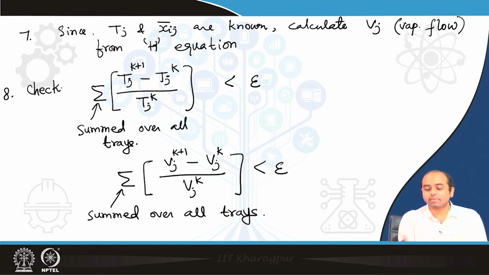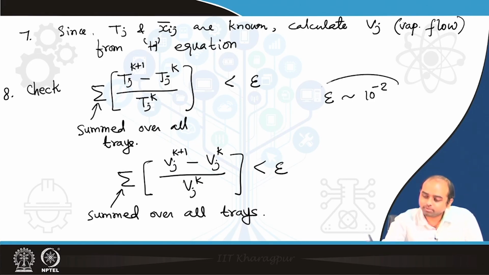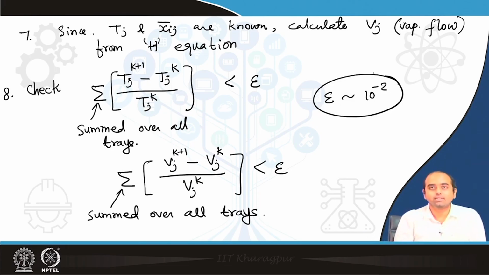You need to sum over all the trays, because all the tray values may not come out the same. So the relative error has to be summed up, and only then should it be below a certain tolerance value. Typically this epsilon should be at least less than 10 to the power minus 2, or 10 to the power minus 3, for convergence.